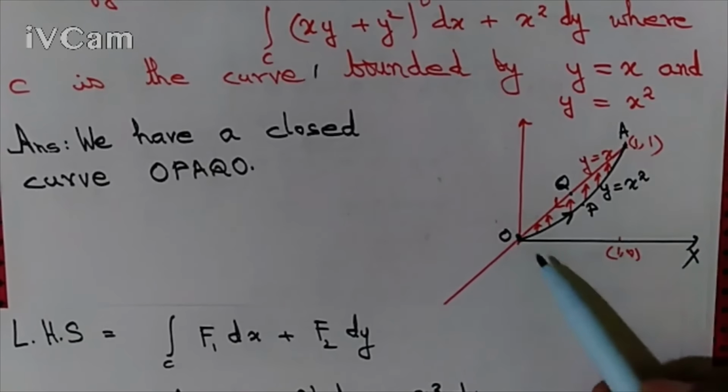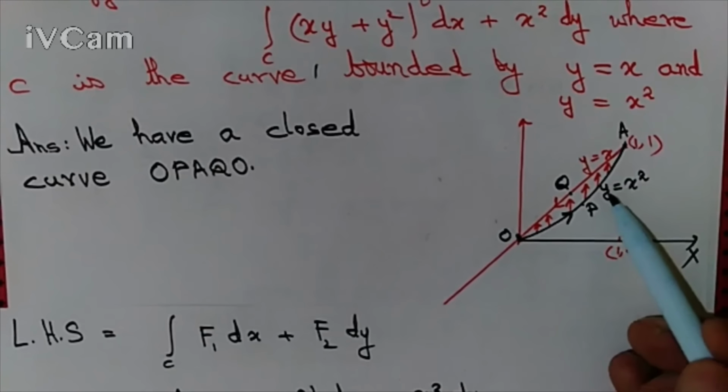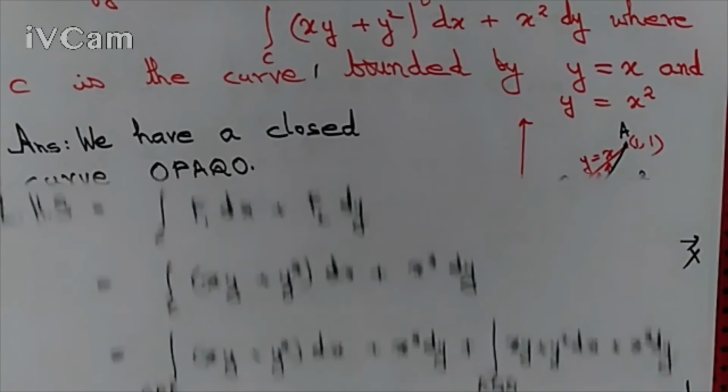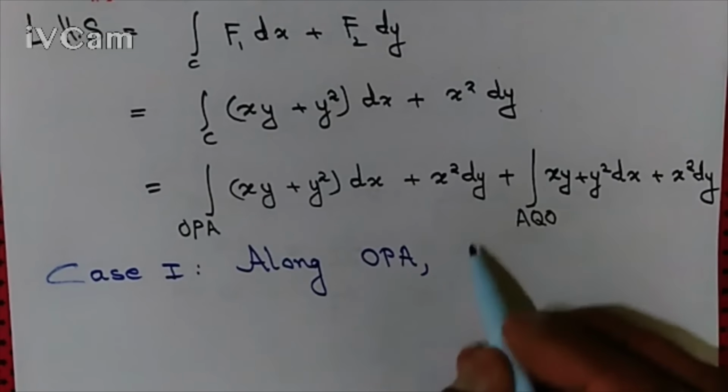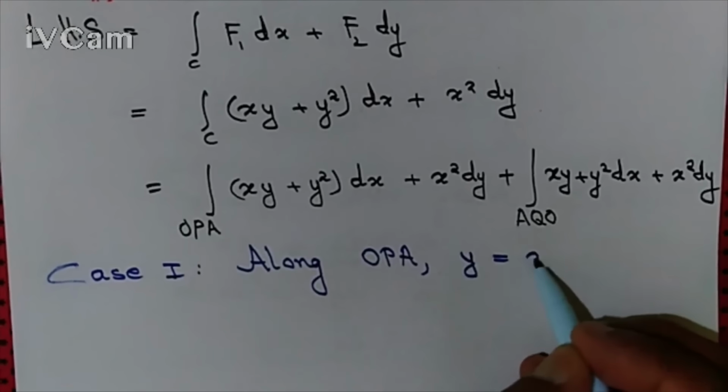Along OPA, you always find that y equals x squared. So let's write y equals x squared.